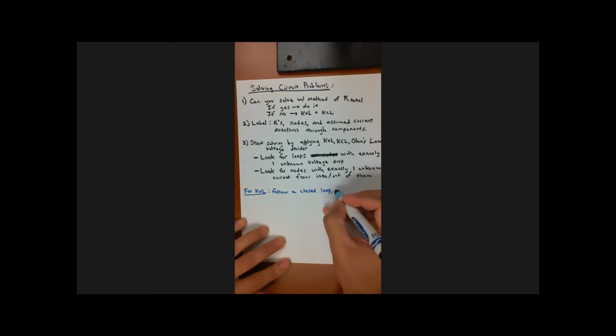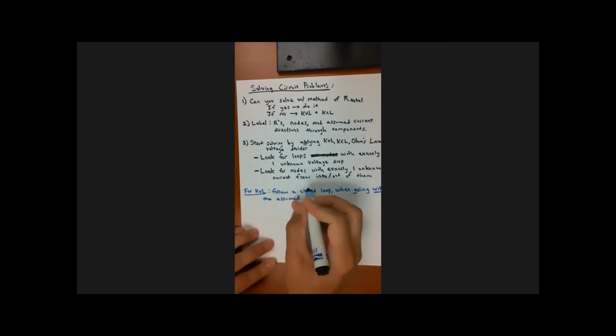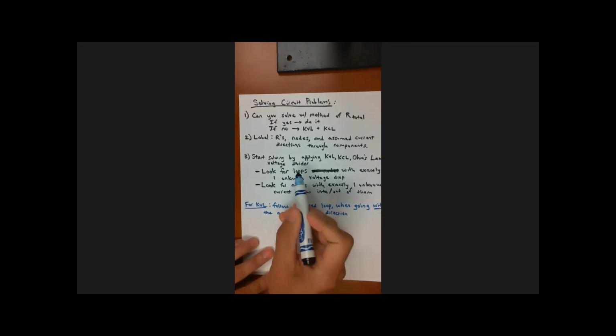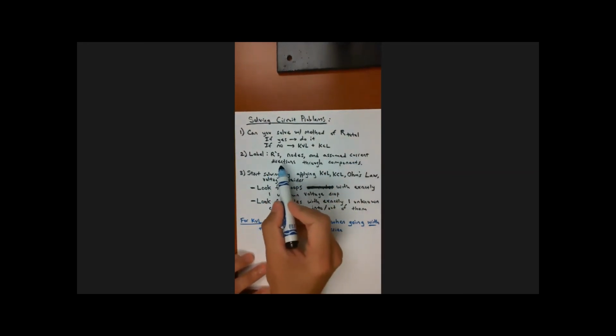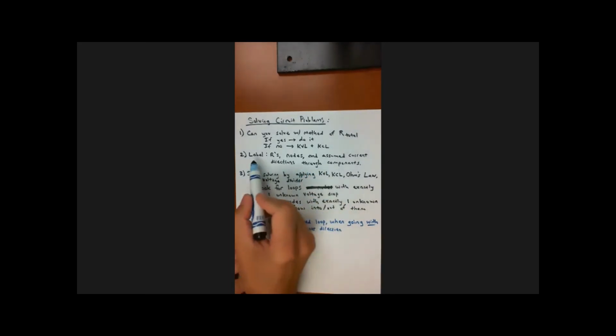And when you're writing the equation, going with the assumed current direction. So this relates to that assumed current direction that you had to assume in step 2 up here, right?